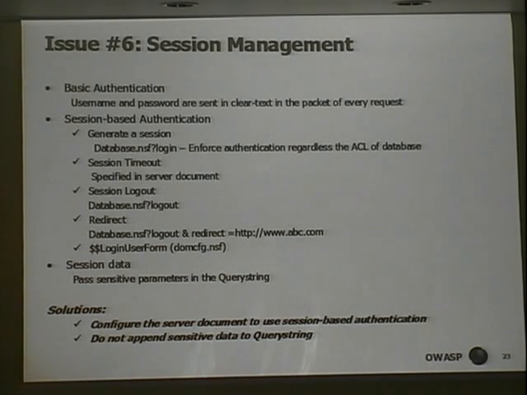That's one interesting thing I see. I think it's a bad habit which happens with a lot of Notes developers. They like to pass a lot of sensitive parameters in the query string. They don't like to use POST. They like to use GET. Probably it's because of the Notes web syntax.